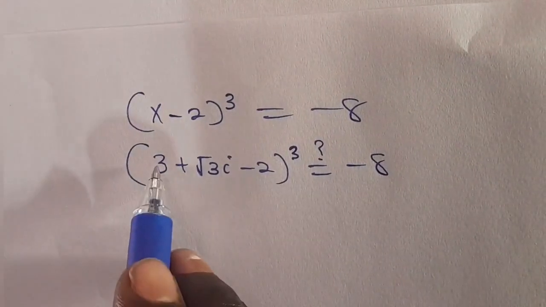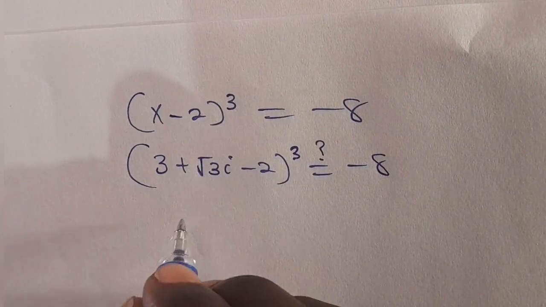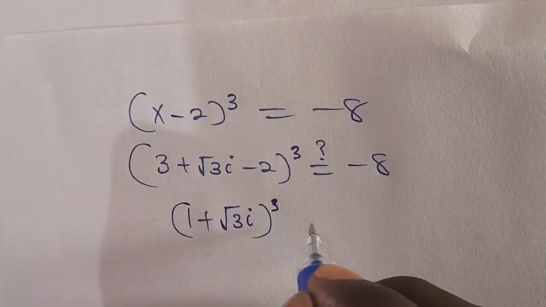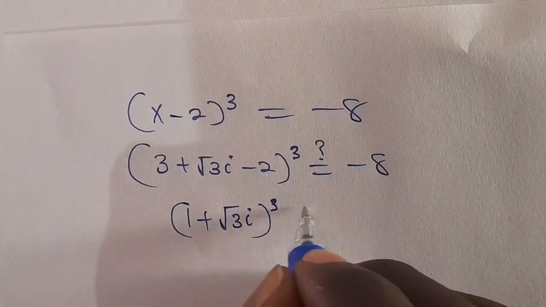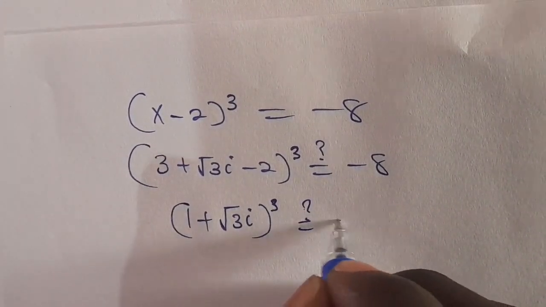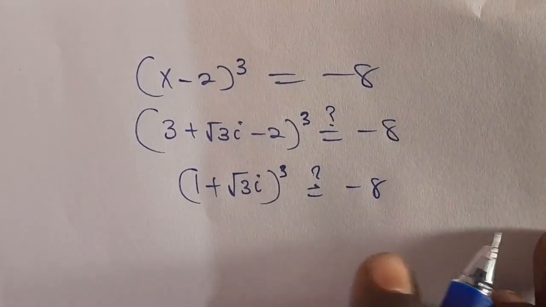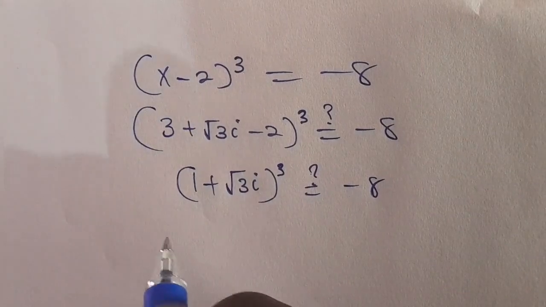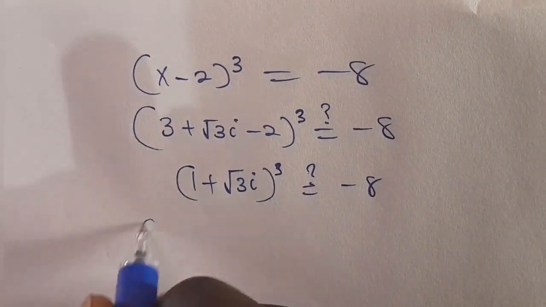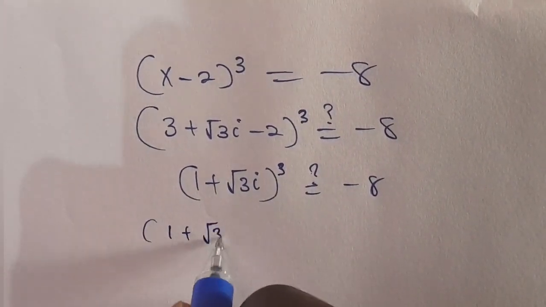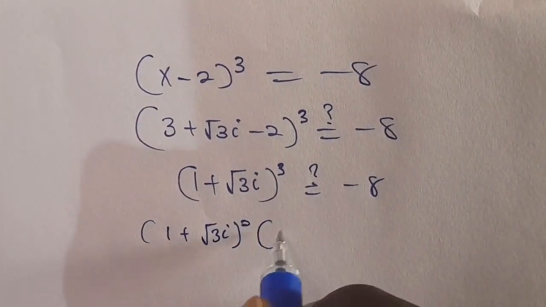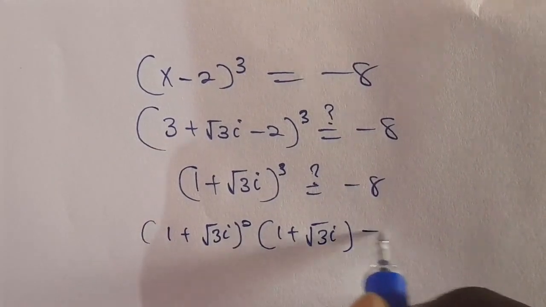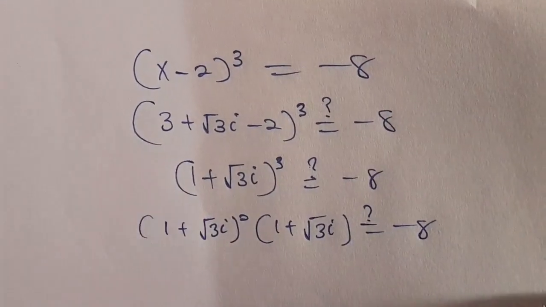So from here, this and this will give us (1 plus root 3 i) raised to power 3, then are they going to give us minus 8? So when you expand this, we are going to have (1 plus root 3 i) squared, then multiply by (1 plus root 3 i), then is it going to give us minus 8?